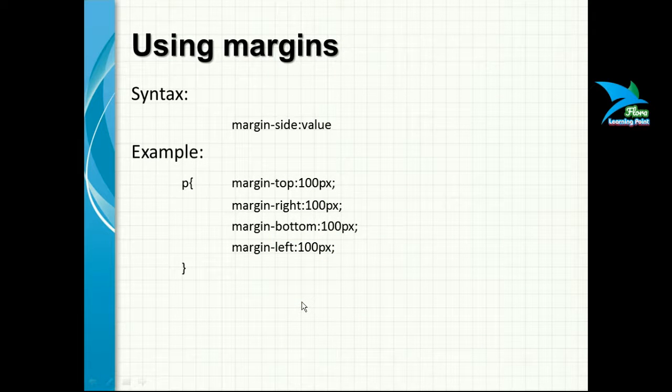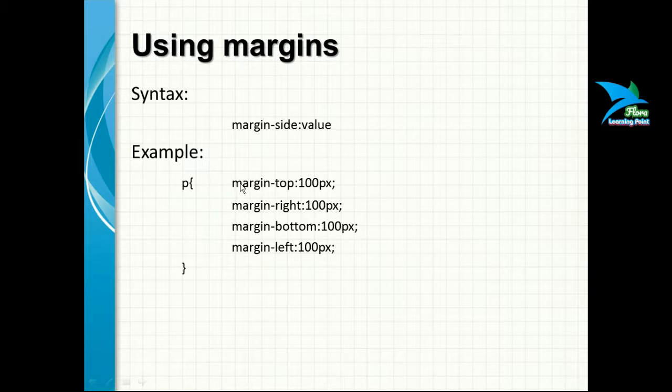Next we'll discuss using the margin property. The syntax of using the margin property is margin, then we specify the side and the value. The side may be any one, that is top, right, bottom, or left. For example, here we are going to set the margin for the paragraph tag, that is margin-top 100 pixel, margin-right.